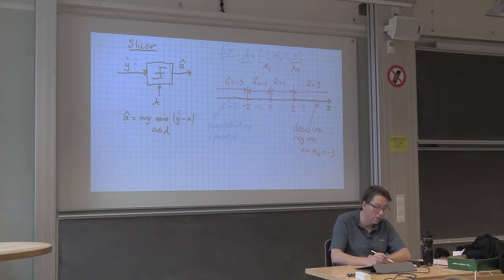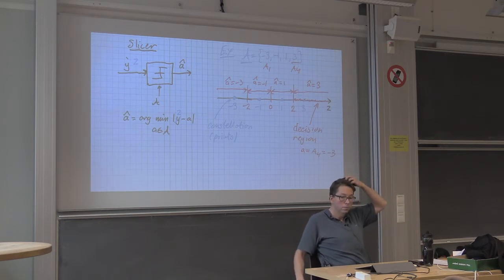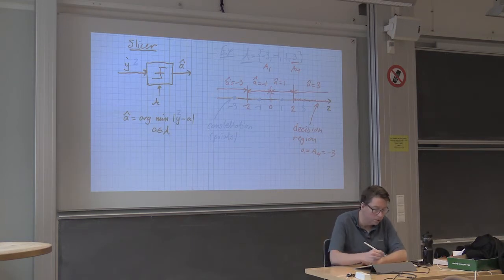So we see here that we have one decision region. A question there. Yes? Isn't it A1? Yeah, it would be if it was -3 here, but that is not the case. We see that the output here is 3.